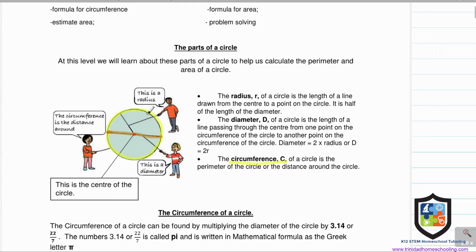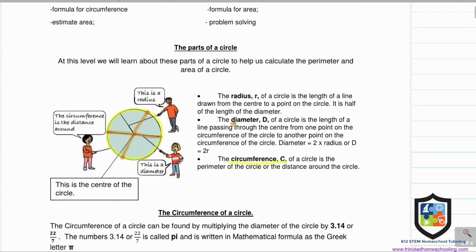There are infinite diameters in a circle. I could draw another diameter here as long as it touches one end of the circumference, passes through the center, and touches the other end of the circumference.